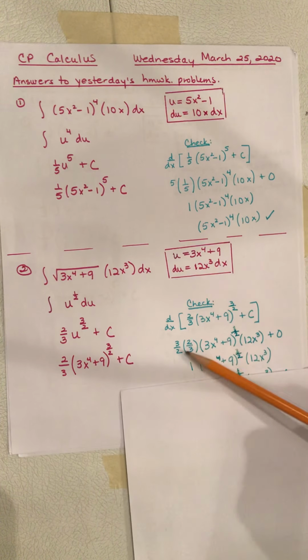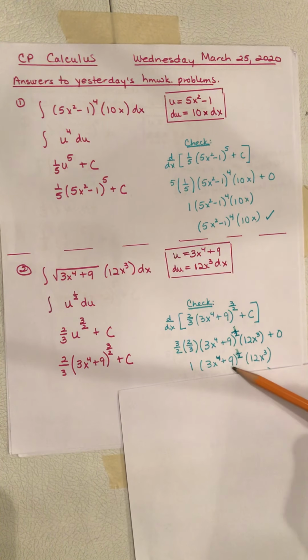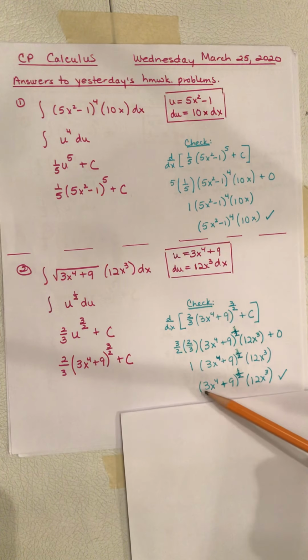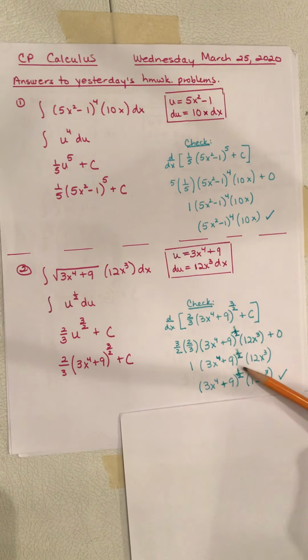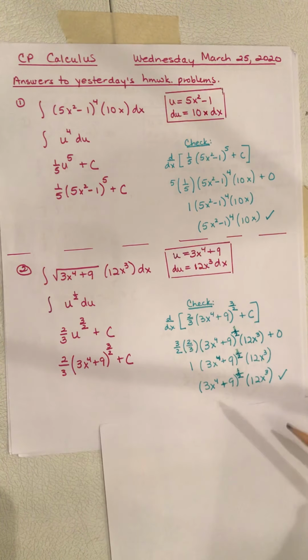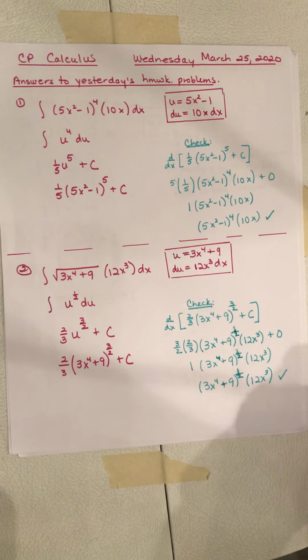Now simplify. 3/2 times 2/3 is 1. 3x to the fourth plus 9 to the 1/2 times 12x cubed. That quantity to the 1/2 power times 12x cubed is our original integrand. So it works. All right, I hope you were successful on those two problems.